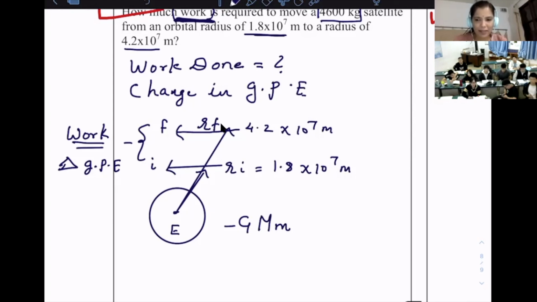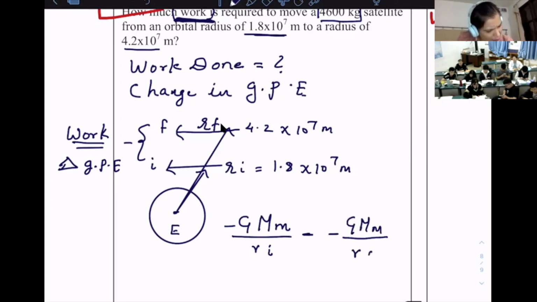Maybe some calculation mistakes. So final minus initial.